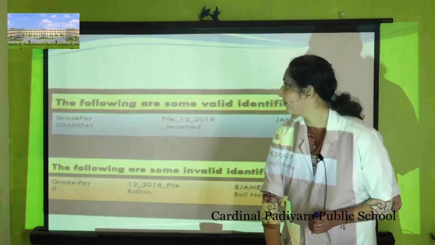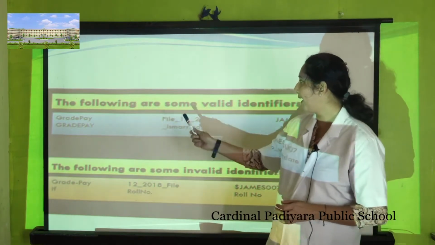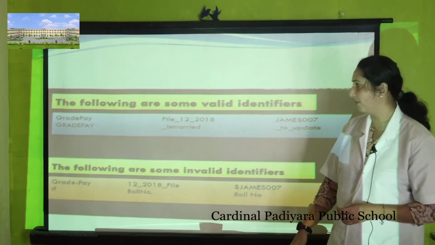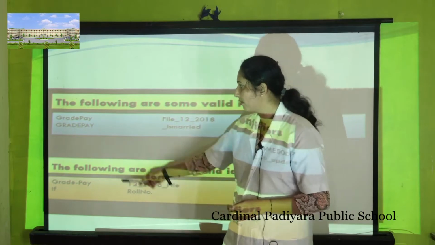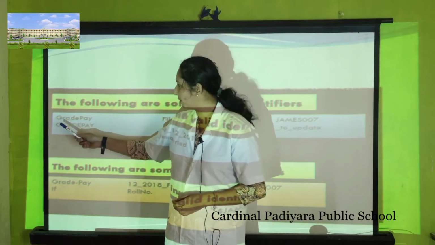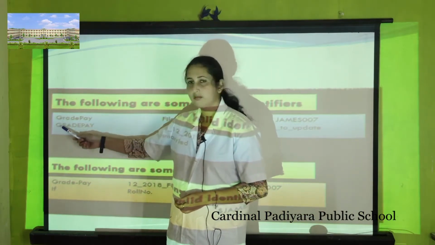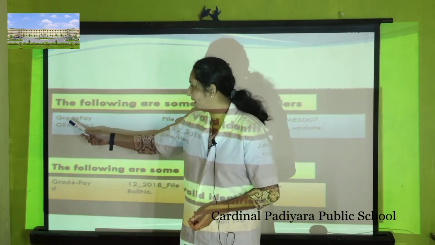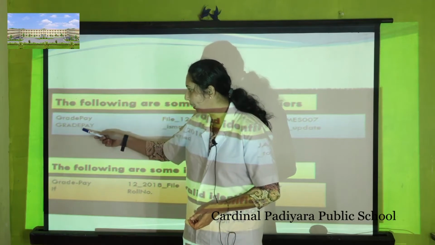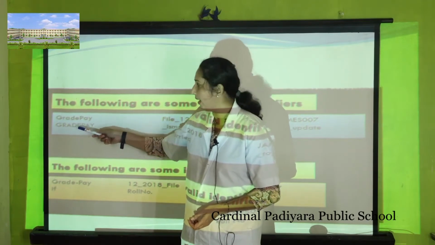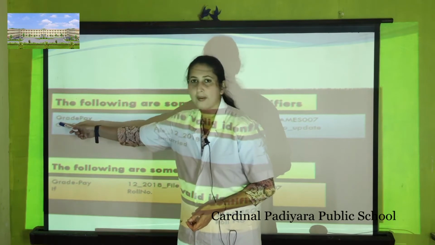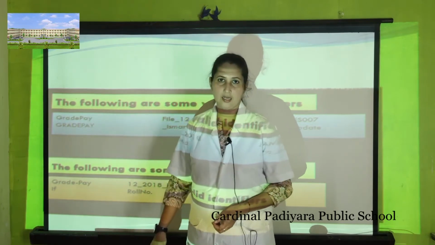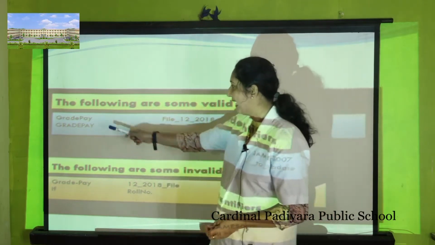Next, you have to find out some valid and invalid identifiers. Valid means we can use first characters, combinations of characters, uppercase and lowercase. Grade and pay, here we can see that Grade pay is in capital letters and in small letters, combinations of uppercase and lowercase, but they are treated differently because Python is case sensitive.